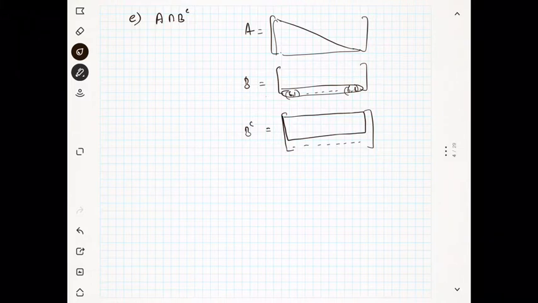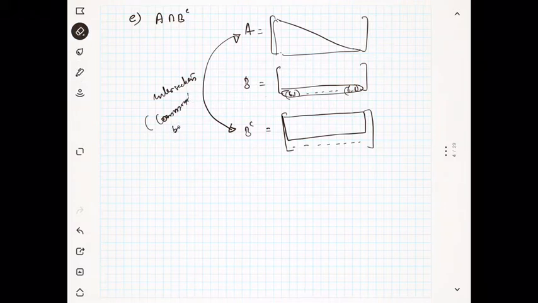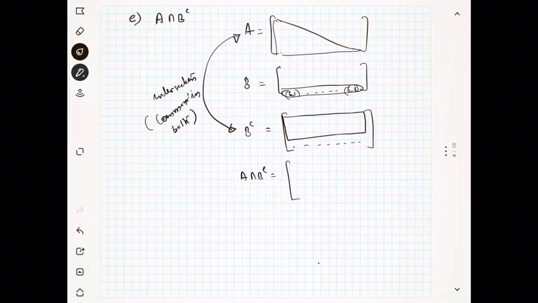That will be my B complement. Then we will see what is common in both. Intersection means common in both.